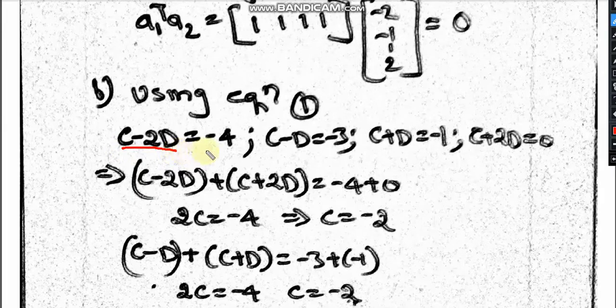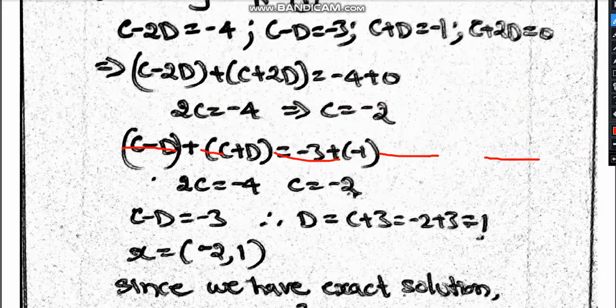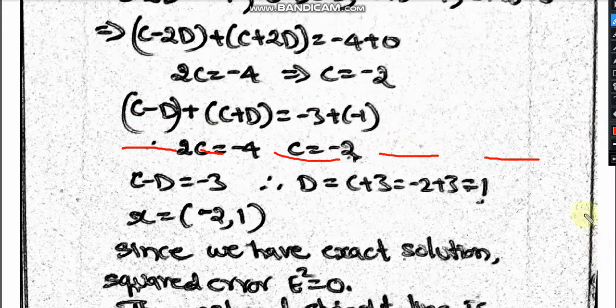First row, you get c minus d equals 4. Second row, third row, and fourth row, you get these. Simplify them. These are four equations. You can directly simplify using your calculator. I have just calculated the values of c and d.